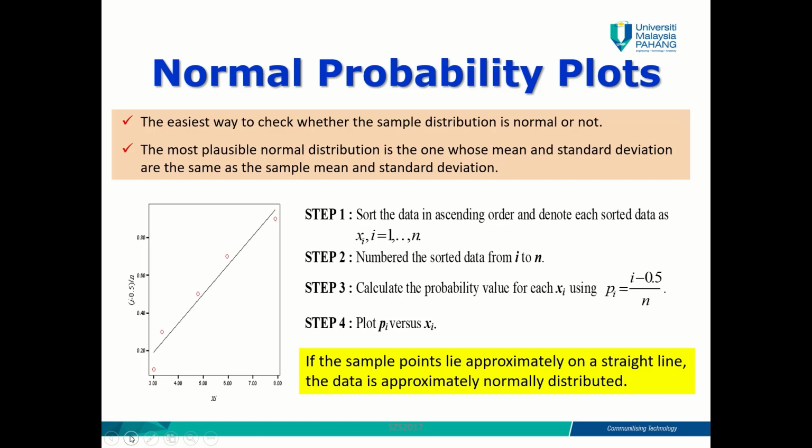Step number 3, we calculate the probability value pi for each xi using this formula. Last but not least, step number 4 is to plot pi versus xi.